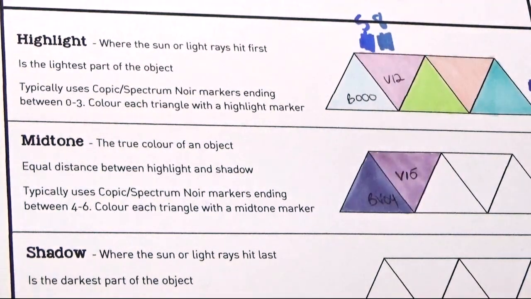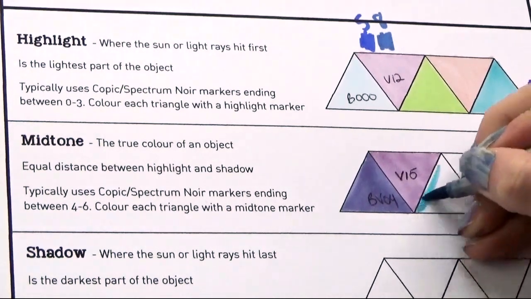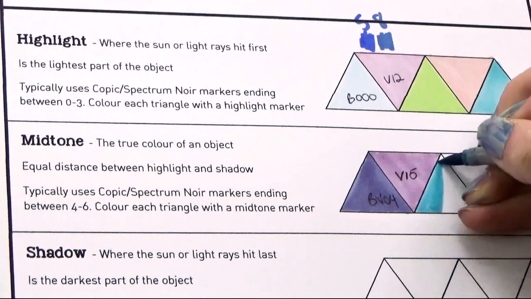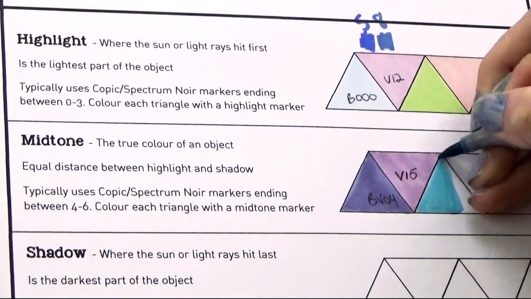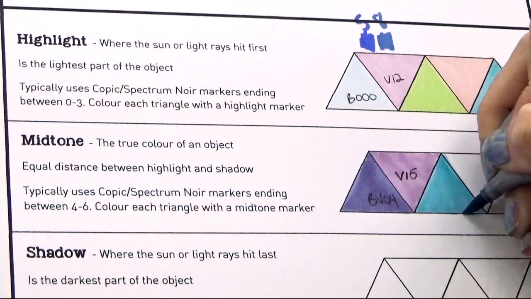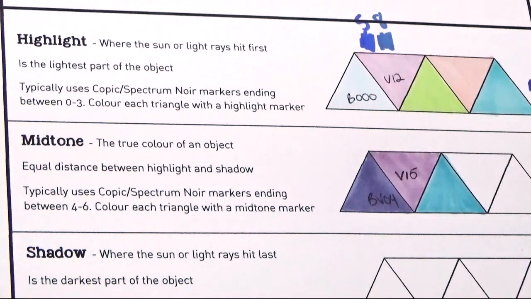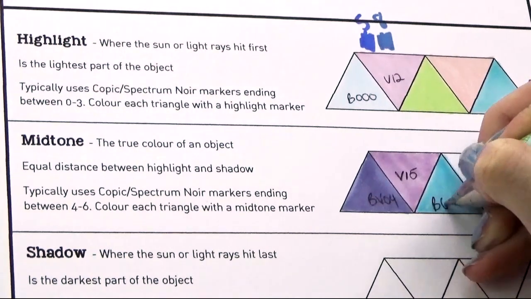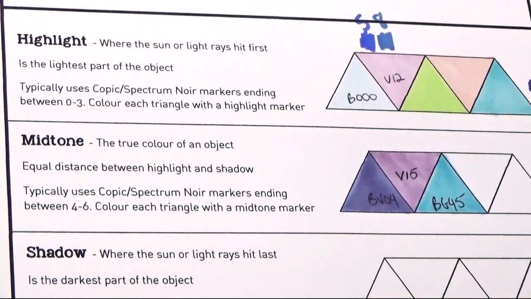It's a good way so you can visually see which markers sort of fall between those categories. Now if you're using a different marker brand, you can do the swatches like what we talked about earlier. So you can just pick a few markers, work out what's lighter, what's darker, and what's a midtone.